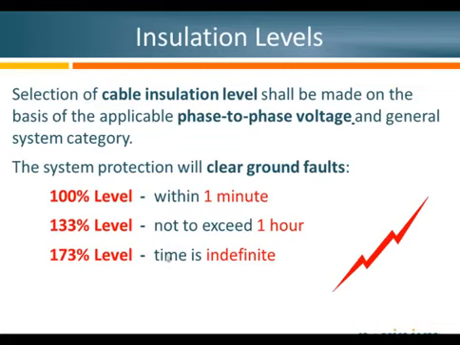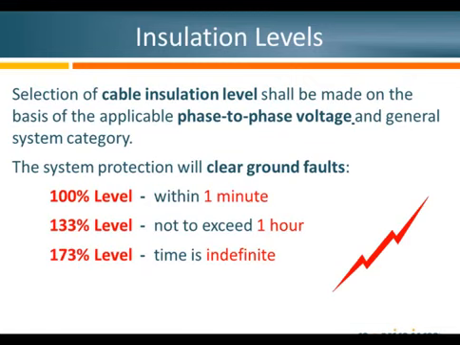And the cable insulation level is basically determined by the connection of the transformers feeding that system. Typically 100%, if you're going to clear a fault current real rapidly, and most of our systems here are hard grounded Y systems, which will clear the fault very quickly, depending on the breakers, fuses, whatever you have in front of it. It will clear typically in 6 cycles or less.